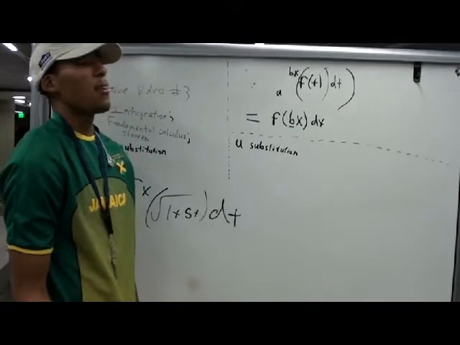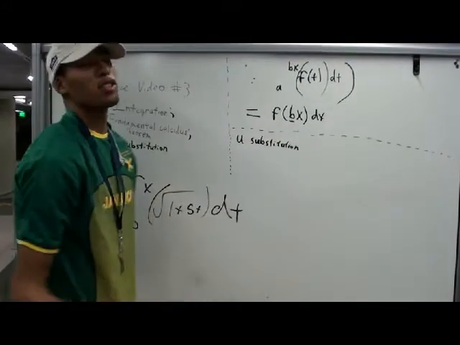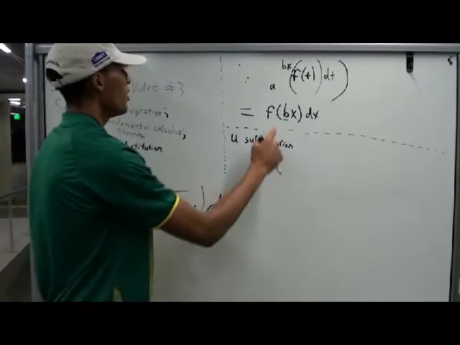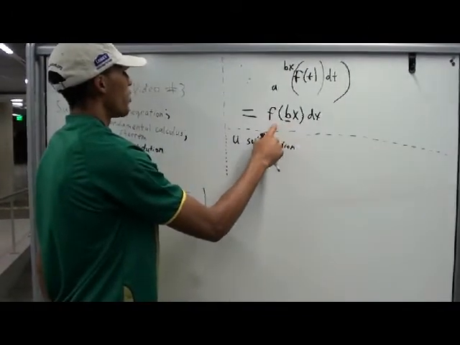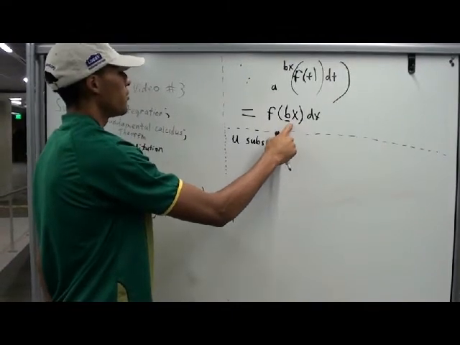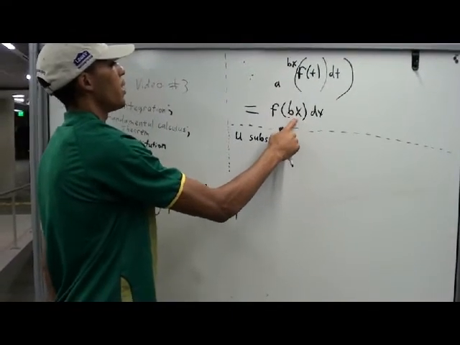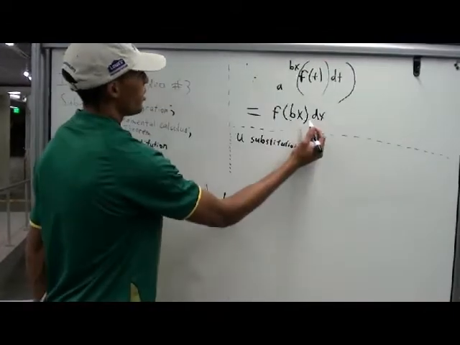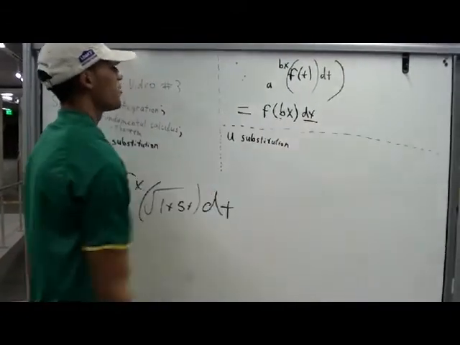So where x is your variable, b is whatever constant the problem assigns you. This b of x goes into your function, and then you multiply this by the derivative of b of x, which we have denoted as dx.